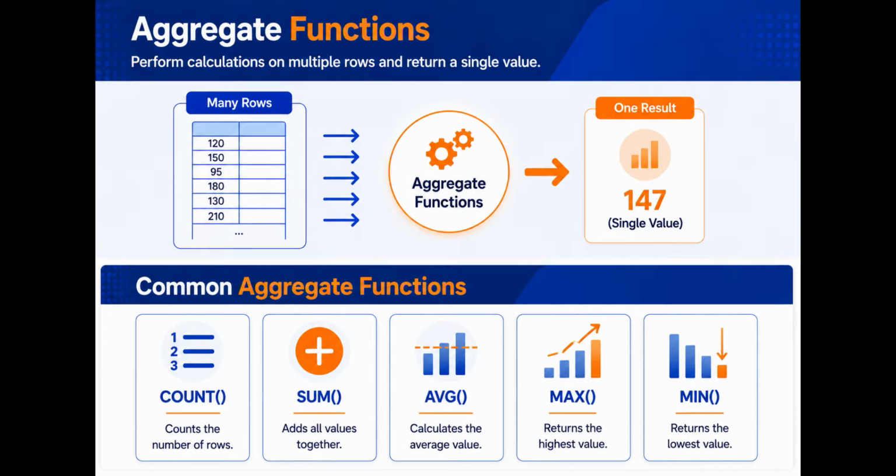This can be used only with numeric type columns. Next, talking about average. Average calculates the arithmetic mean of numeric values. And lastly, talking about min and max. Min returns the smallest value of a column and max returns the largest value. These two also work with numeric data type columns.